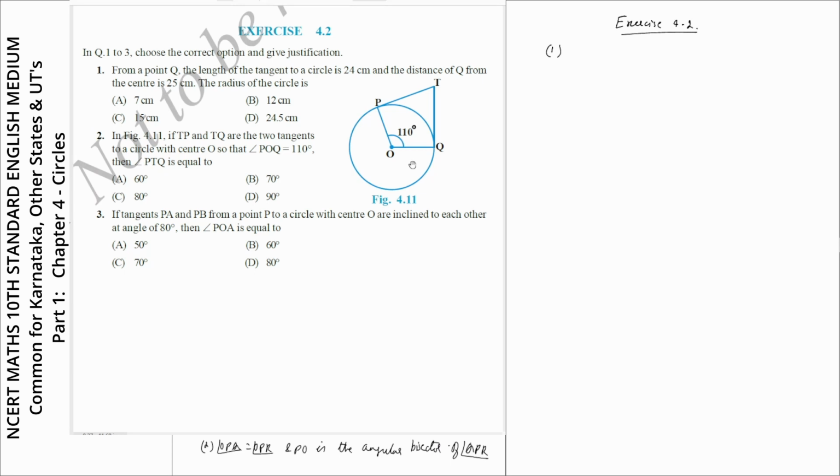From the point Q, the length of the tangent to a circle is 24 cm and the distance of Q from the center is 25 cm. The radius of the circle is? So there's a circle.